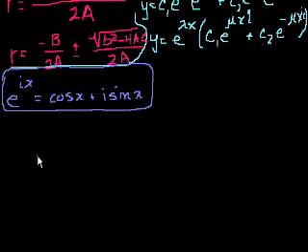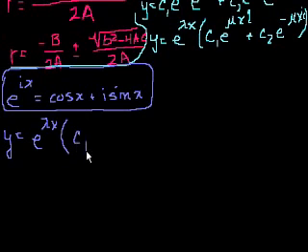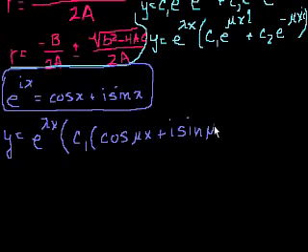So we can rewrite that as y is equal to e to the lambda x times, let's do the first one, c1, it's e to the mu xi. So instead of an x, we have a mu x. That will be equal to cosine of whatever's in front of the I. So cosine of mu x plus I sine of mu x.